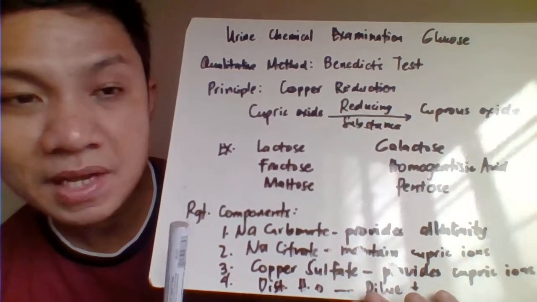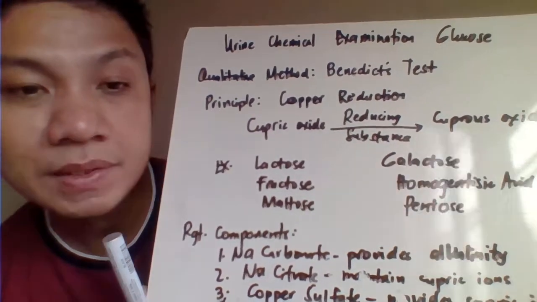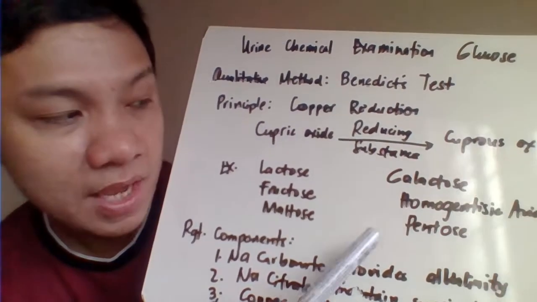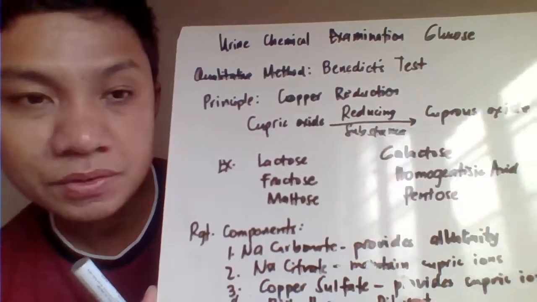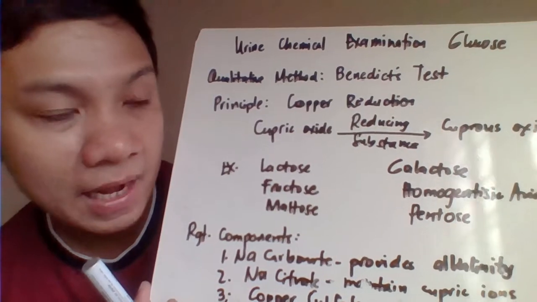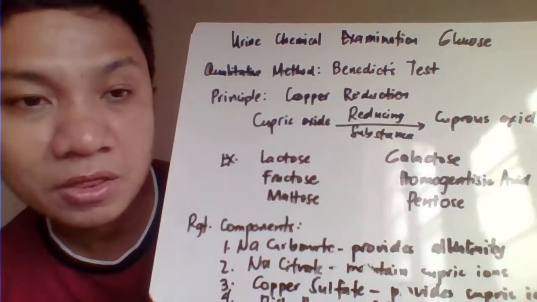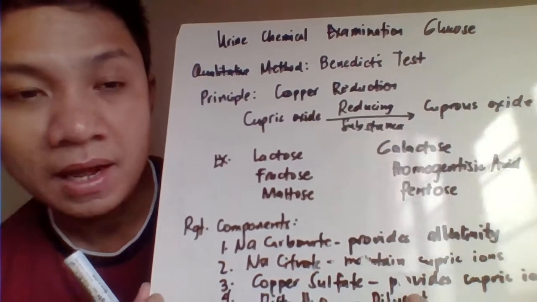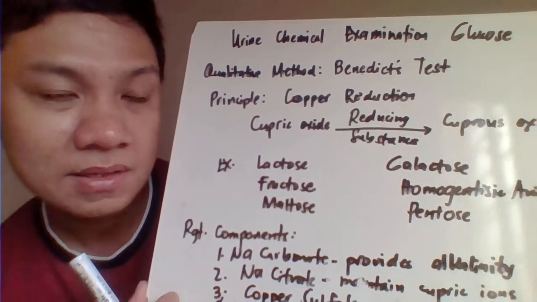So this test works on the reducing property of your reducing substances. I mean to say, all of these substances, like lactose, fructose, maltose, galactose, even homogentisic acid, pentose, and even ascorbic acid, are all reducing substances.